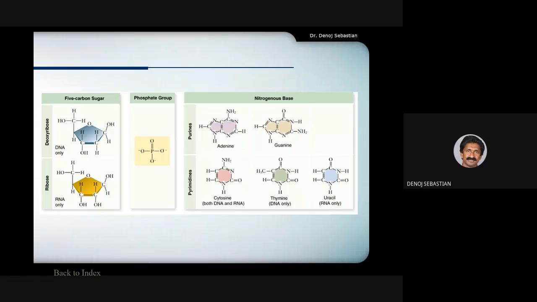What is the biological significance of that? How does it affect the overall genetic stability of DNA and RNA? Now we want to understand that. That's the main focus of this discussion.